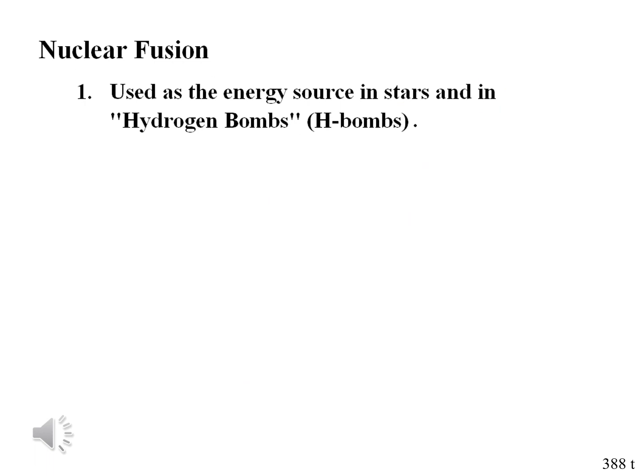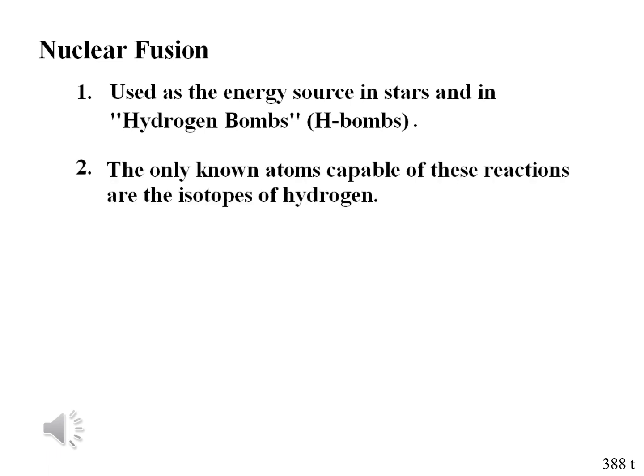The reaction that's used in the latest kind of nuclear bombs, which are called hydrogen bombs, is the reaction fusion, and this is also the reaction that stars use to produce their heat. The only atom that will actually do this are isotopes of hydrogen, and they're very small, so they're not being fissioned.